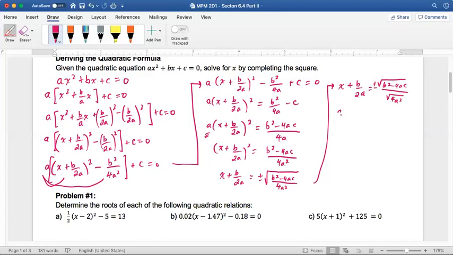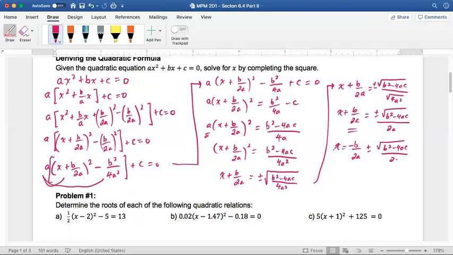So x plus b over 2a becomes plus or minus, and this numerator cannot be simplified, so we'll just leave that alone. The denominator, however, can. The square root of 4a squared is simply 2a. And now we bring this term to the other side, and we are finished. There is our quadratic formula.